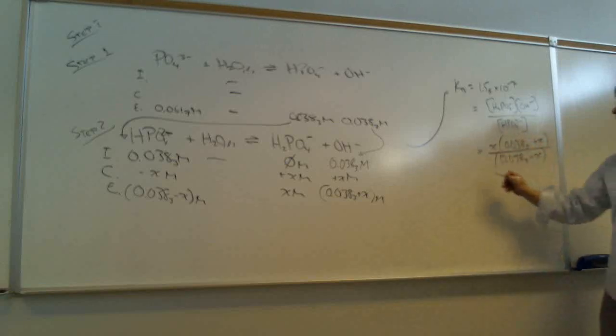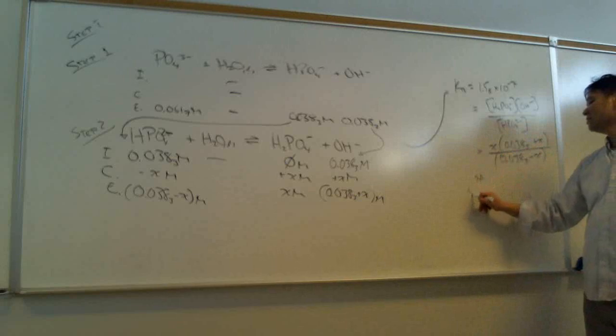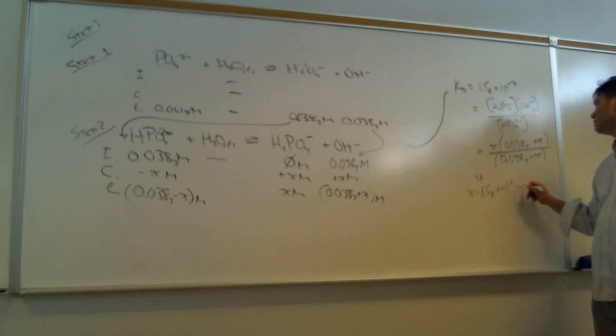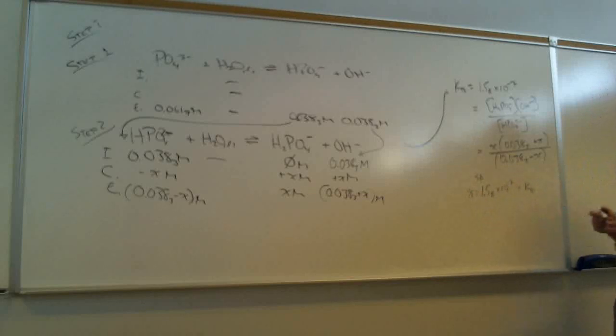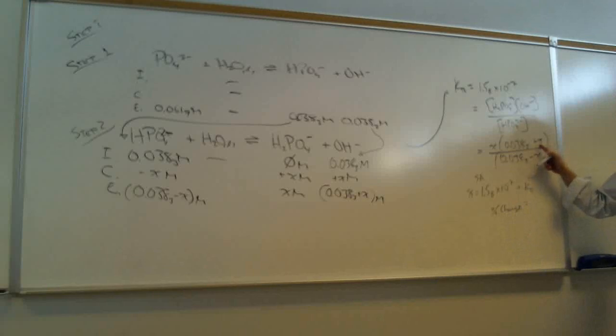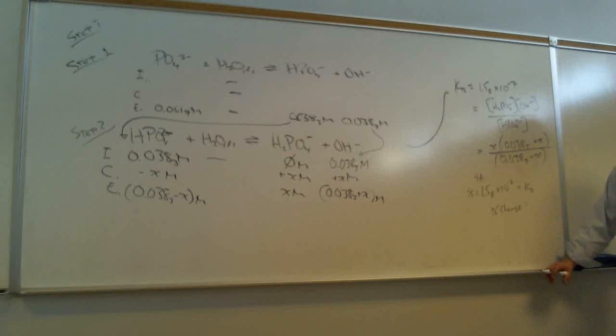Then if we use the simplifying assumption, X is equal to Kb, 1.58 times 10 to the minus 7. We calculate the percent change. Percent change is going to be the change X over the initial 0.038, and it comes out to what? Very small.